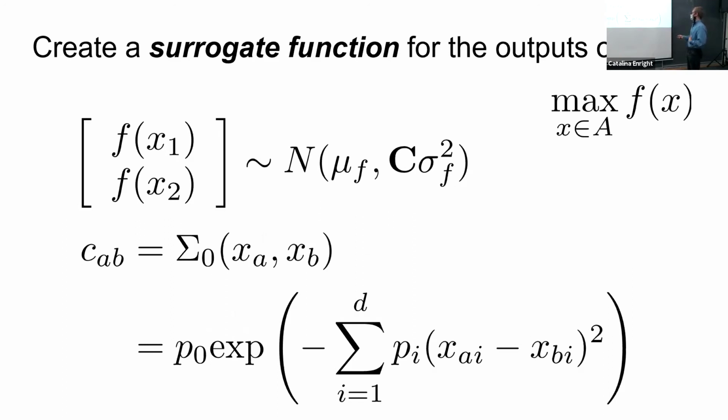Basically, it looks at the distance between the parameter values. If the parameter values are far apart, it gives a covariance close to 0. If they are close together, it gives a covariance close to 1. For those of you familiar with genomic prediction models, it's quite similar to the reproducing kernel Hilbert space regression model. So familiar territory in some ways.